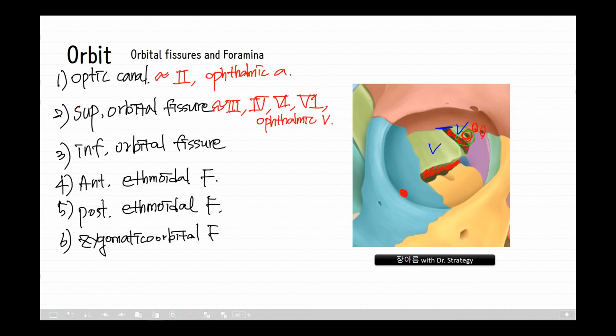Next, the inferior orbital fissure. The inferior orbital fissure is bounded above by the greater wing of the sphenoid bone and below by the maxilla and the orbital process of palatine bone, this and this, and laterally by the zygomatic bone. The maxilla and sphenoid bone often meet at the anterior end of the fissure, excluding the zygomatic bone.